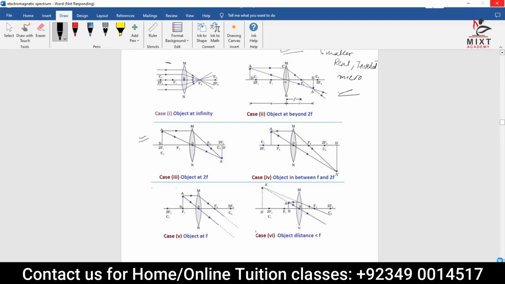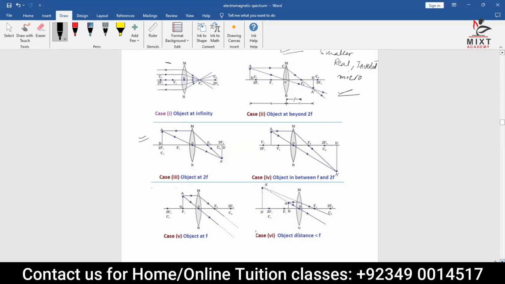In that case, the image will be smaller in size as compared to object size. The image in this case will be real and inverted. Next case is when the object is at 2F, image will be formed at 2F, which is real and inverted. And the image will be of the same size as the object.